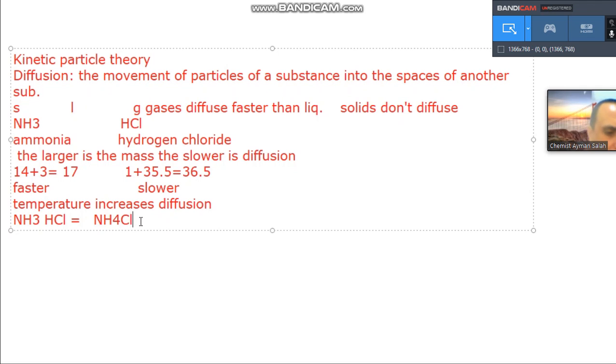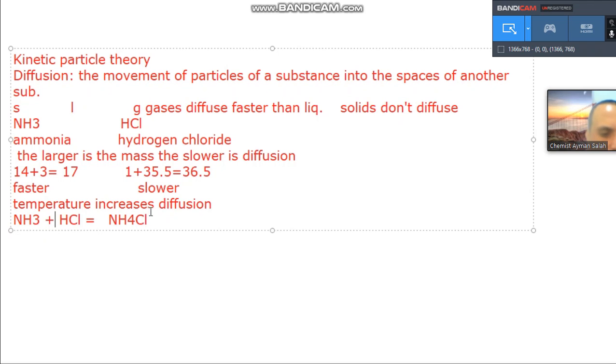Concentrate well with me. So we have here NH3 plus HCl. NH3 on one side and HCl on the other side, like the picture in page 9. Okay? If we let both gases move, to diffuse, which one will be faster?